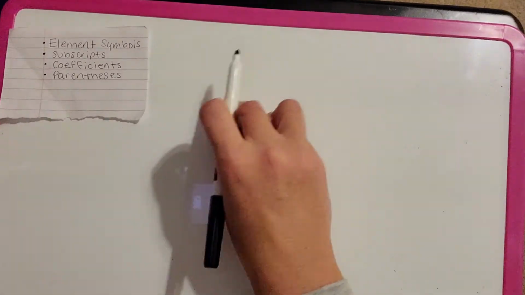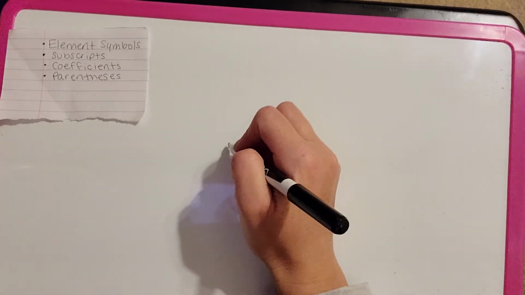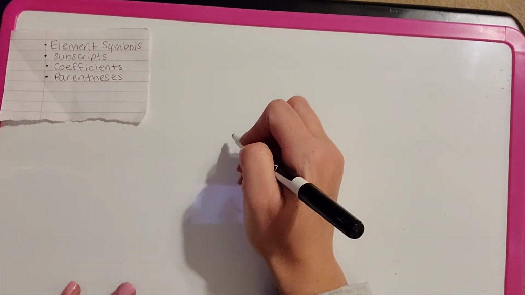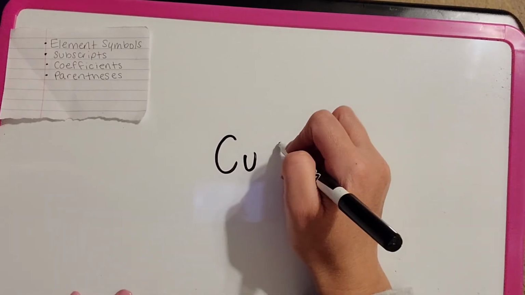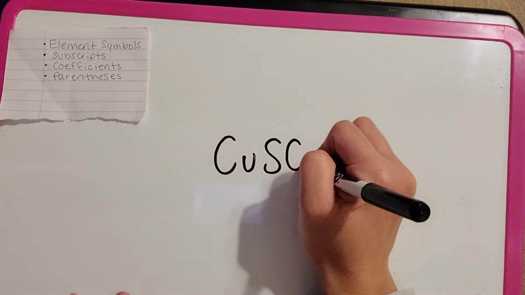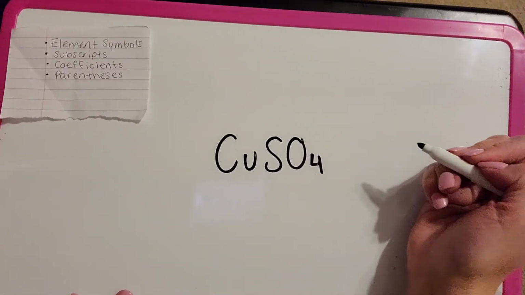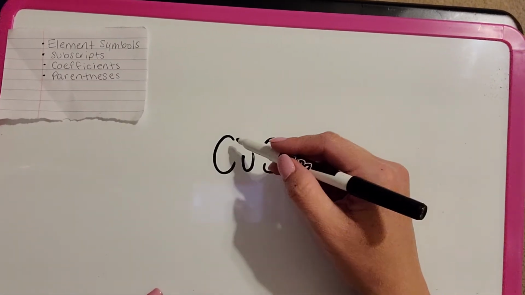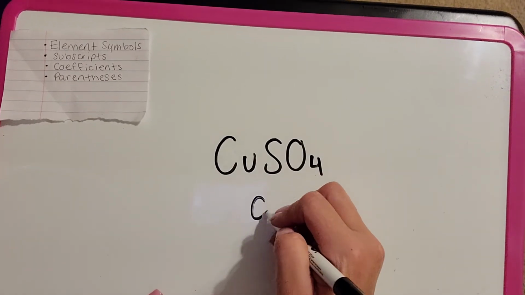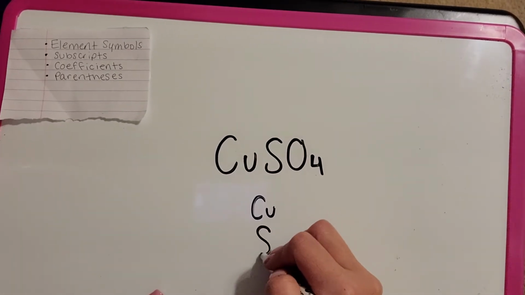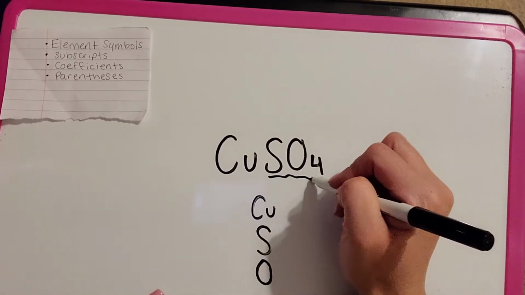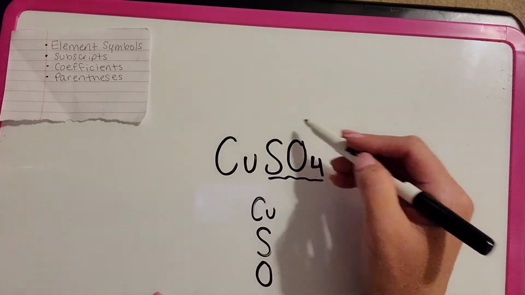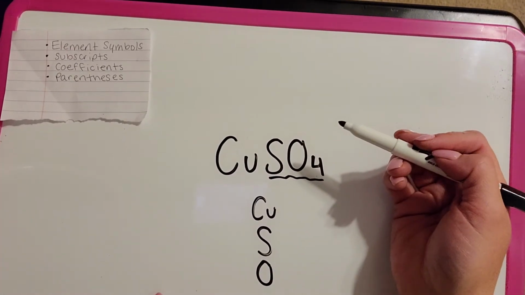Let's look at how to figure out how many atoms of each element are in a chemical formula once it gets to be multiple elements, multiple atoms, and gets a little bit complicated. Here is a chemical formula for copper 2 sulfate. This particular chemical has copper, sulfur, and oxygen. This here is called sulfate, a polyatomic ion that we will talk about in a couple of weeks.